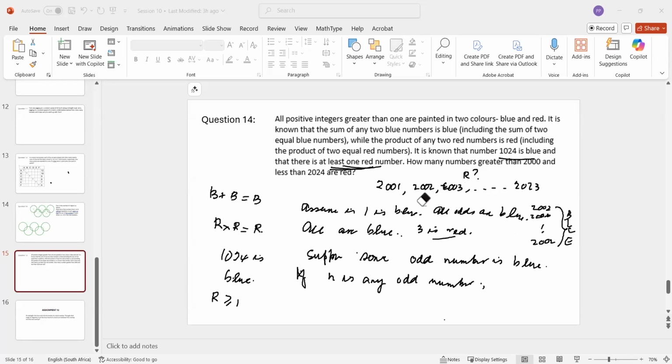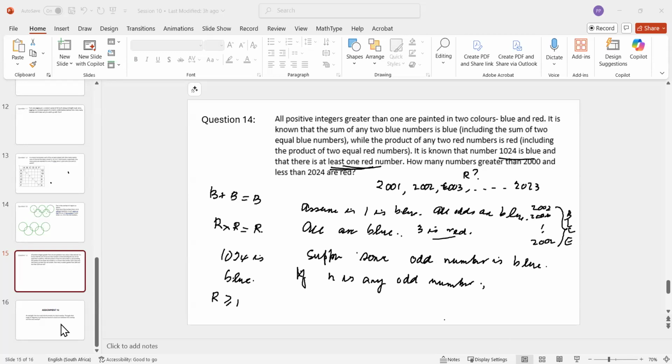Which means that all the odd numbers in between here are red, and you can count the number of red odd numbers very easily because you know the even numbers there are blue. So you can count them. So the idea is if there is some odd number which is blue, then you get a contradiction, and therefore all odd numbers are red. Okay, thank you for that.